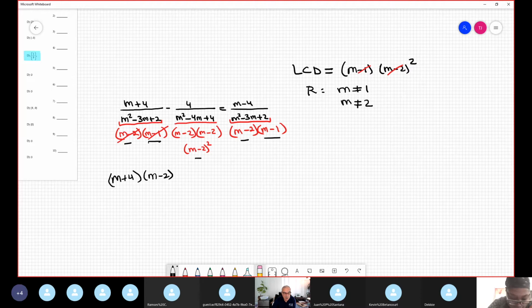In the second, we have minus 4 times something. In this case, m minus 2 is cancelled out twice, and only m minus 1 stays. Equal. And the third one: m minus 2 is cancelled one time, and m minus 1 is cancelled completely. And what stays is m minus 4 times m minus 2.